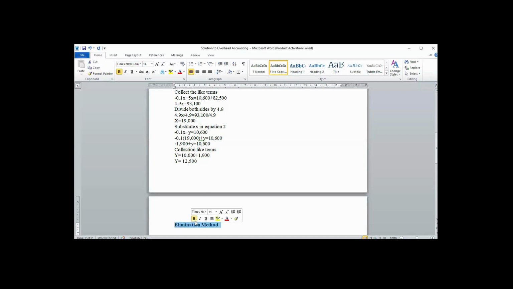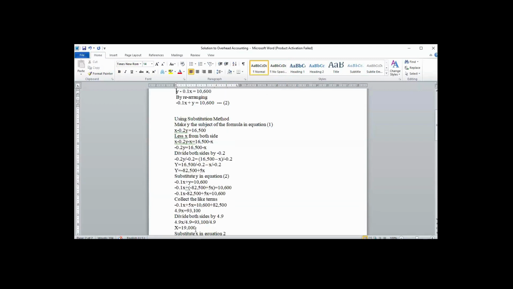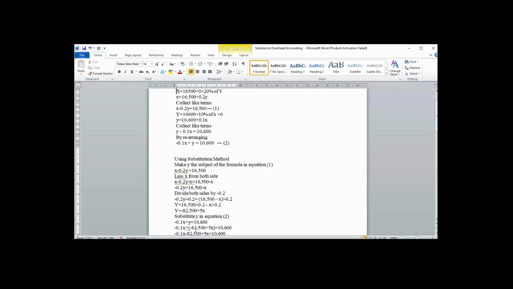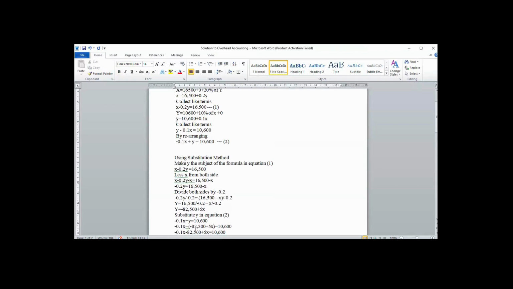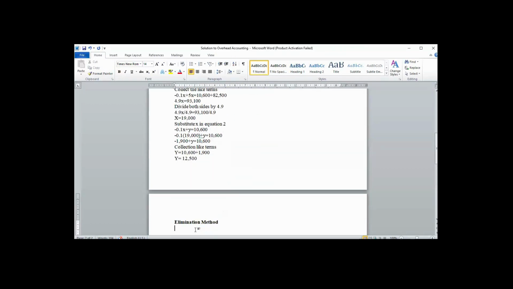Now, for the elimination method, we bring the two equations together. What is our equation 1? This is our equation 1: x minus 0.2y equals 16,500.